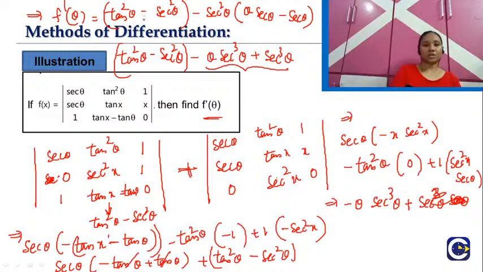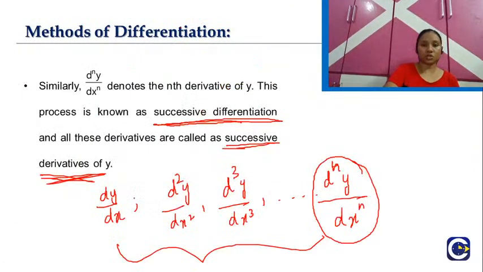So my tan square theta minus secant square theta is nothing but 1. Right, so here I can substitute 1, isn't it? So it will be 1 minus secant square theta into theta secant theta minus secant theta. So this will be the answer for the derivative question which I have solved here.